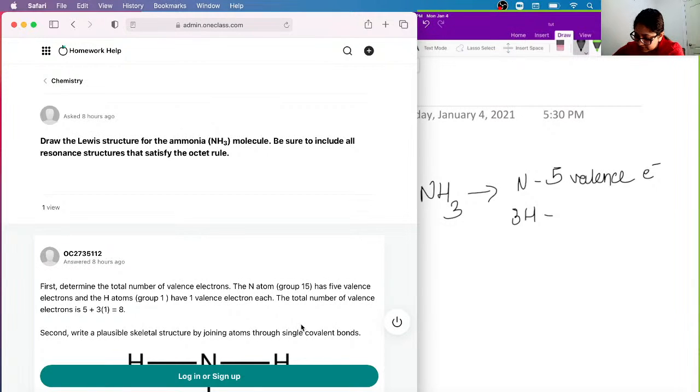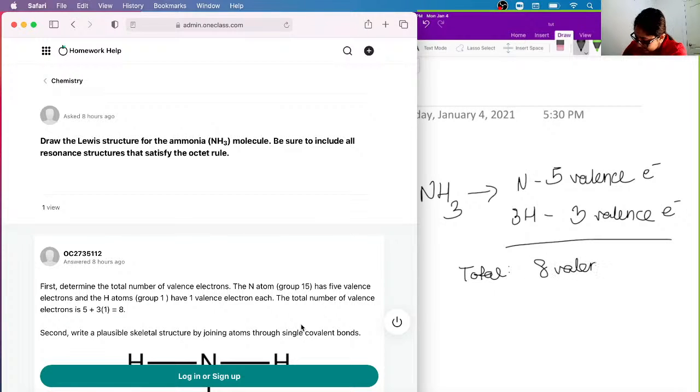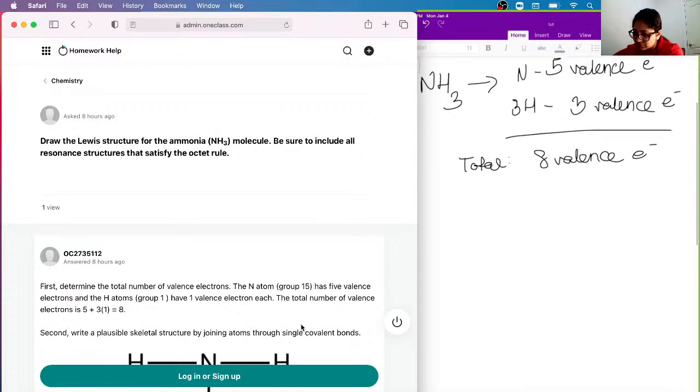So in this case it would have 3, since we have 3 hydrogens. Okay, and so now the total number of valence electrons we have is 8 total, right?